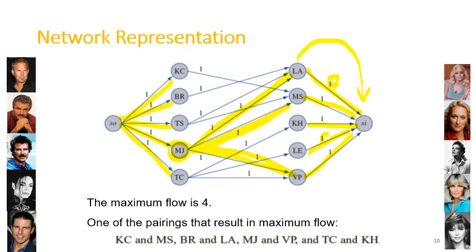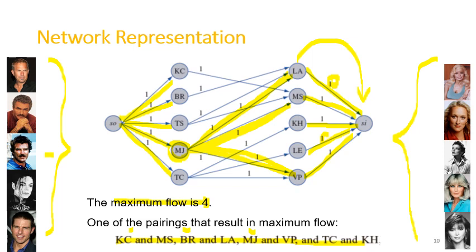And then apparently the maximum flow for these numbers is 4. So unfortunately, we cannot match all 5 of these male performers with the 5 female celebrities. This is the result of the maximum flow. So somebody's not going to the dance. Let me check who that is. Kevin Costner is going, Burt Reynolds, Michael Jackson, Tom Cruise.